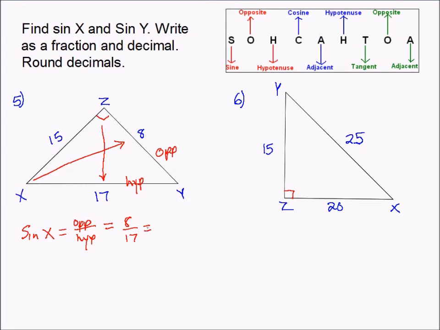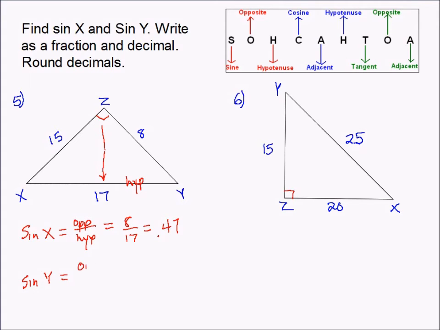And then we want a decimal as well. So we have 8 divided by 17, and we have 0.47. And then let's go ahead and erase a couple of things, because now we're going to be talking about angle y. So I have sine of y.